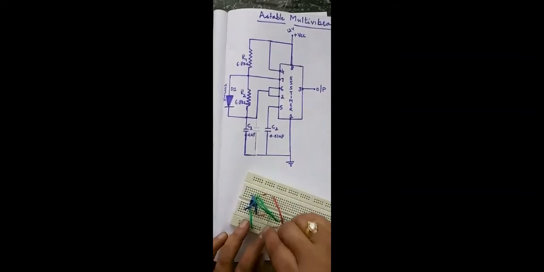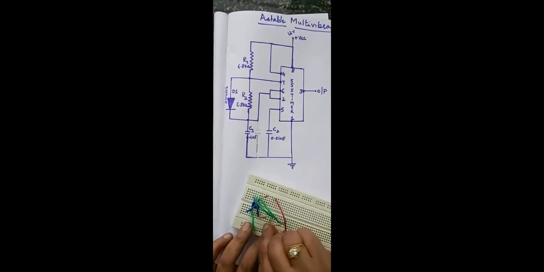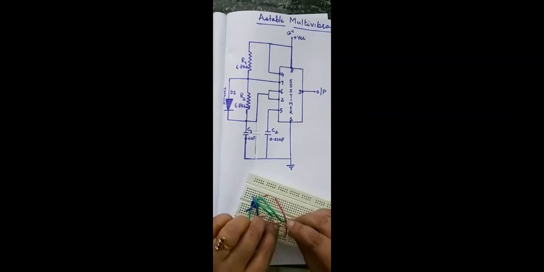Then now we will connect the diode parallel to the R2 resistor. You can see I have connected it parallel to the R2 resistor.